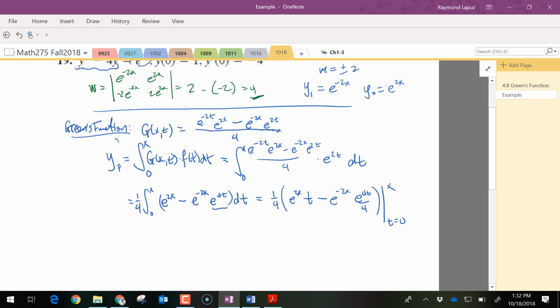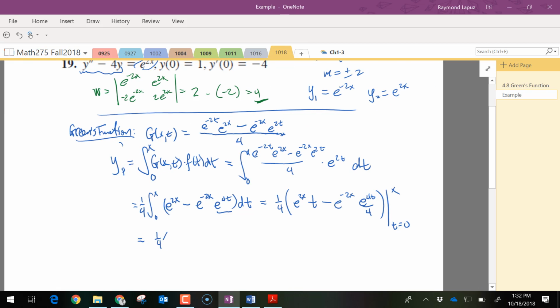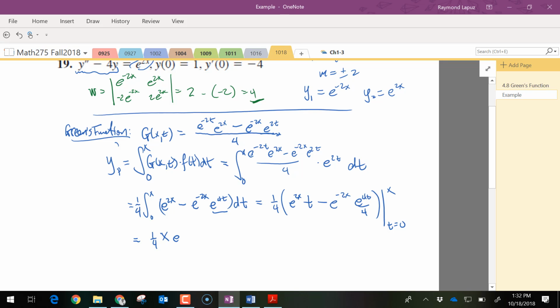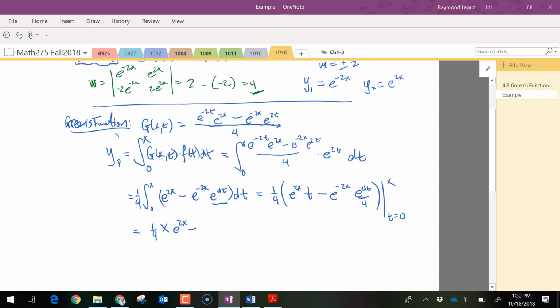And then you have to go ahead and put in the 0 for t and the x for t. So let's see, we got 1/4, put in the x, so this is going to be x e to the 2x minus, put in the 1, this is e to the negative 2x.